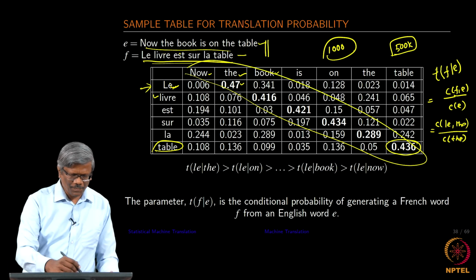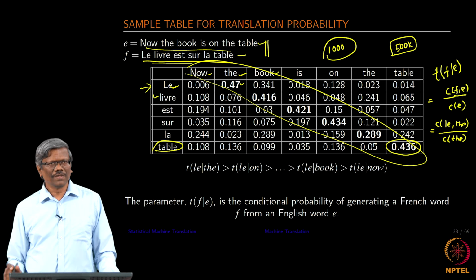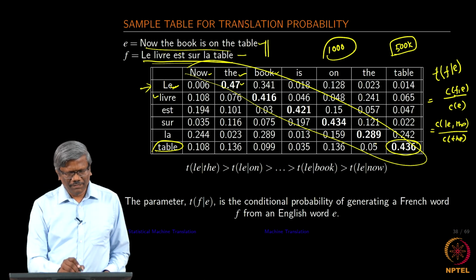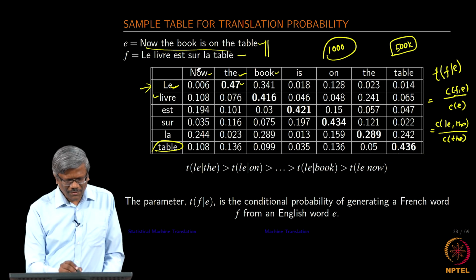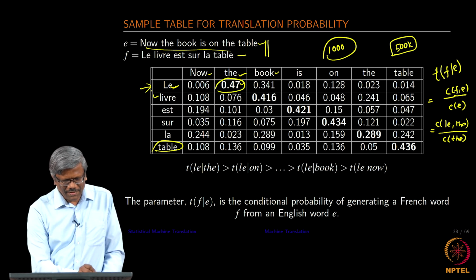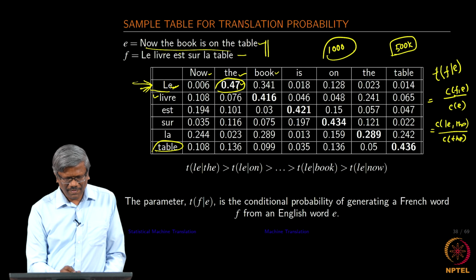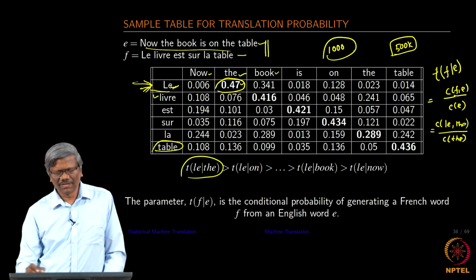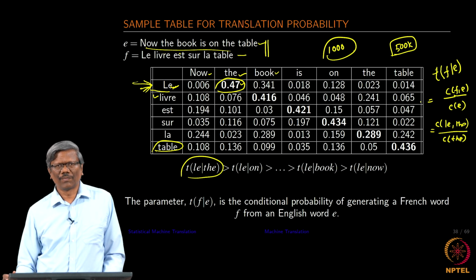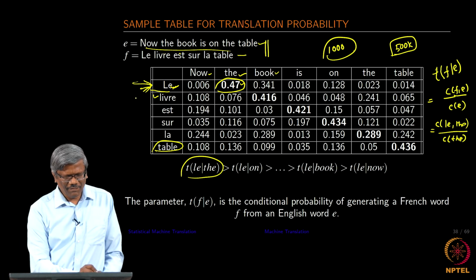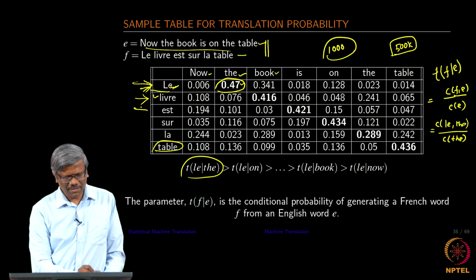alignment. So, if you multiply these numbers, you will have a probability of this particular sentence, and also if you look at these numbers, along this row, you will find that the one has the higher value, and the rest of them are having lower values, and so on. So, in the same fashion for this and this.